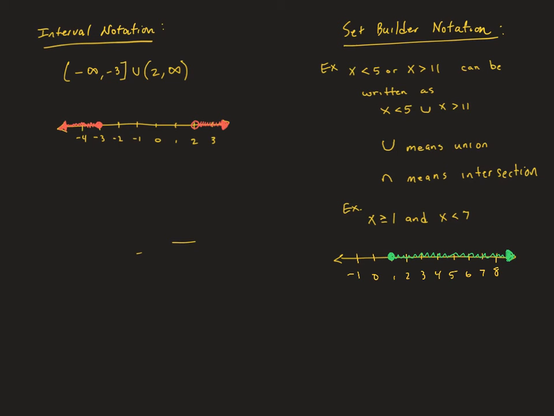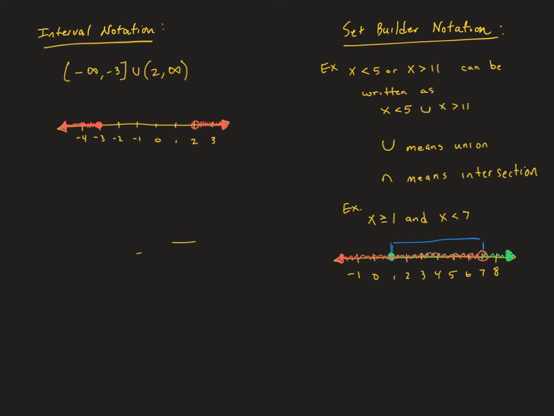And then the next one is x is less than 7, so not included, so it's an open circle. And then I'm going to shade everything less than 7. And since it's and, what I'm looking for is this magical area between here and here, where I'm going to find my solution, because it's where those two solutions overlap. So that is an and statement.